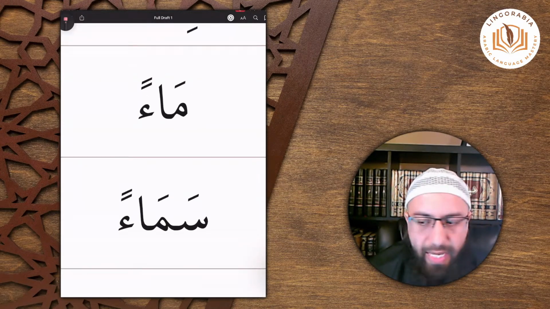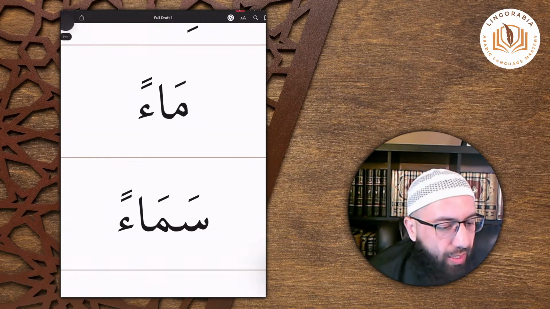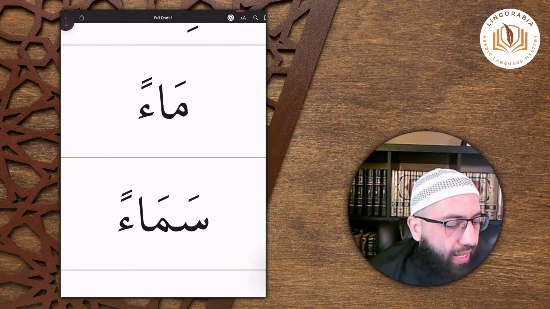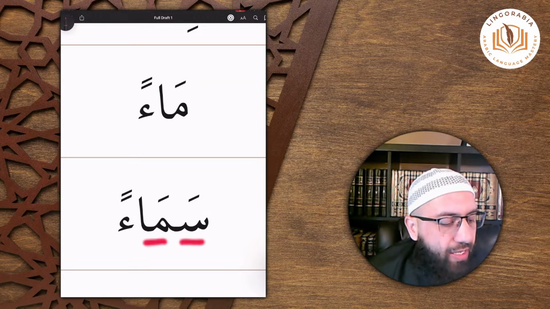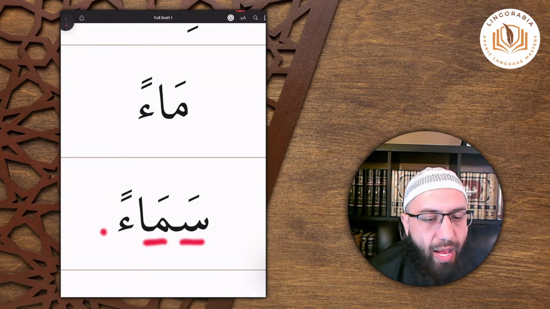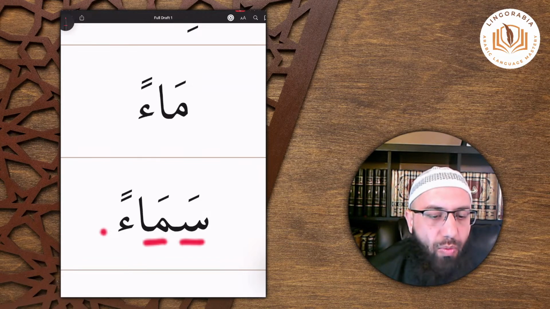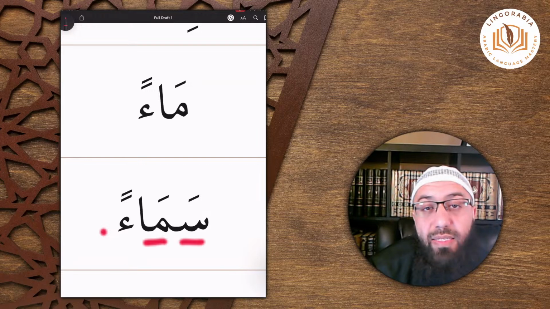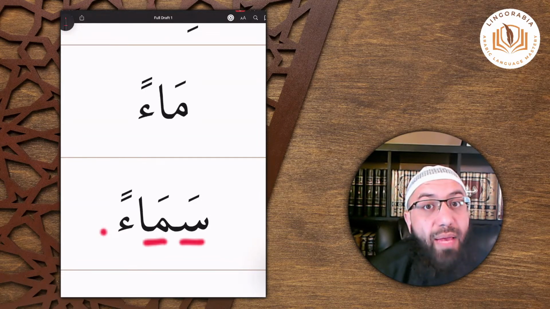Then we have the next one, guys. We have here the seen, the meem, and the fatha and the alif: sama. If you would stop here, how would you read this? If it was in the middle of the sentence or ayah, you would say sama'an.